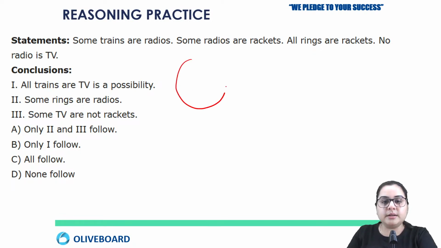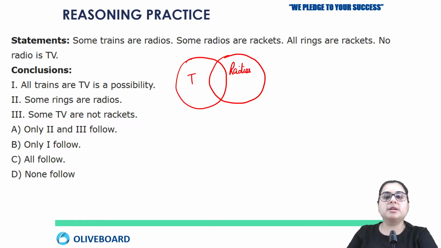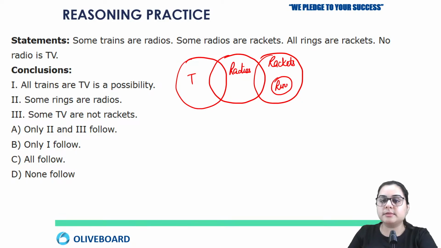Some trains are radios. Some radios are rackets. All rings are rackets. And no radio is a TV. So this is TV and this is trains.